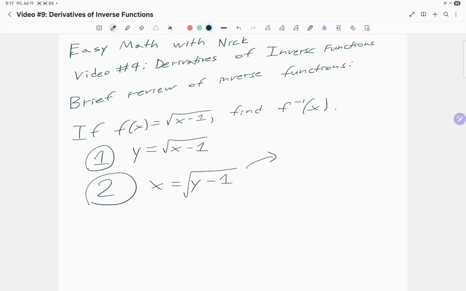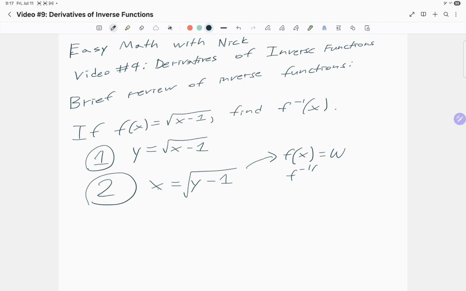One being, if we have f of x equals y, or just f of x equals some value, I'm not going to use y because we already use y, f of x equals omega. Don't ask why I'm using Greek letters.